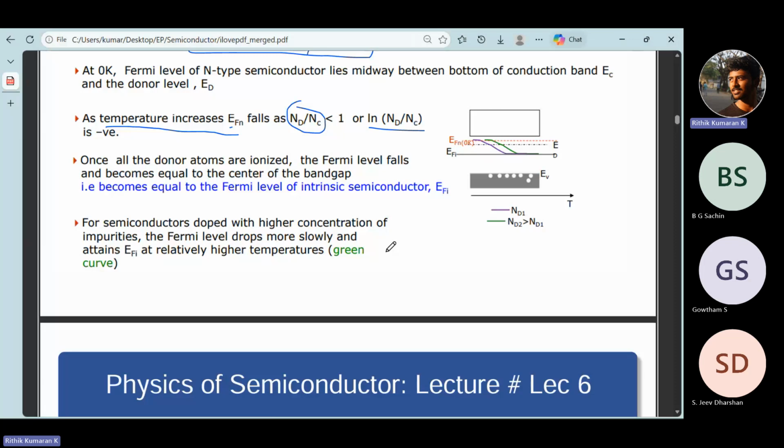If you increase the temperature extremely, the Fermi level becomes equal to that of an intrinsic semiconductor, meaning it will match the Fermi level present in the intrinsic semiconductor. Is it clear, or is it more confusing?